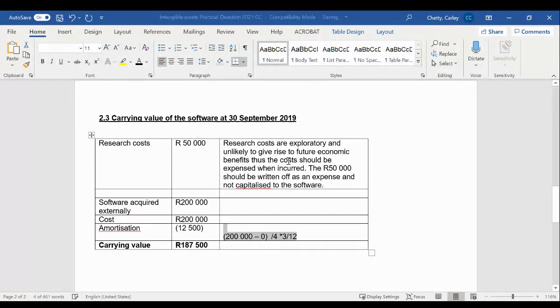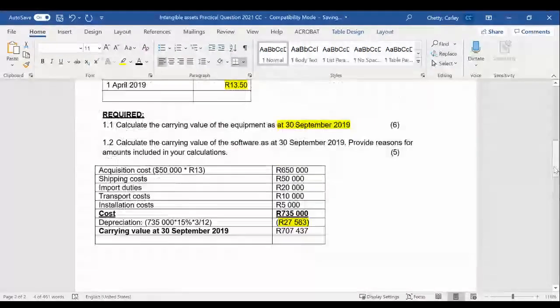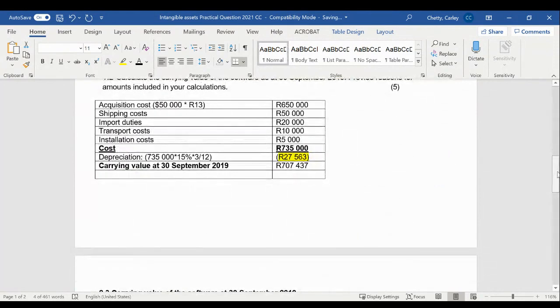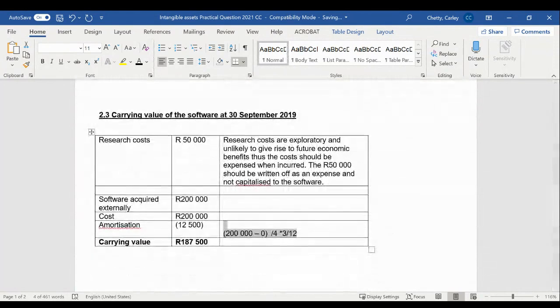So remember they told us what the useful life was. They told us in the scenario here that the software has an estimated useful life of 4 years and no residual value. So we are simply going to take the cost of the intangible asset and divide it by 4 years.